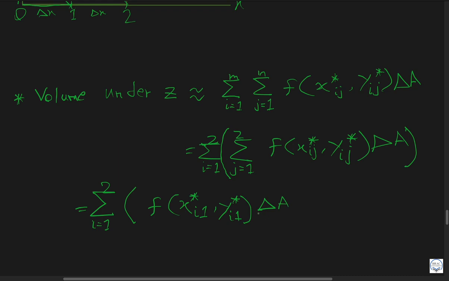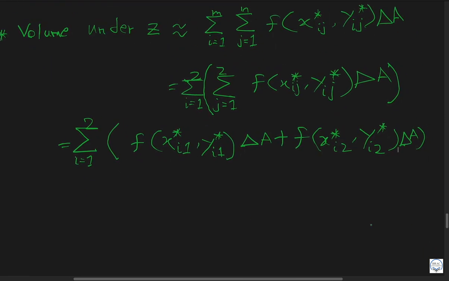x does not change, i just remains as i. So now j equals 1, of stars. This is the first term. Now we want to evaluate the second term. Now before we go to the second term, we must increase the value of j from 1 to 2.